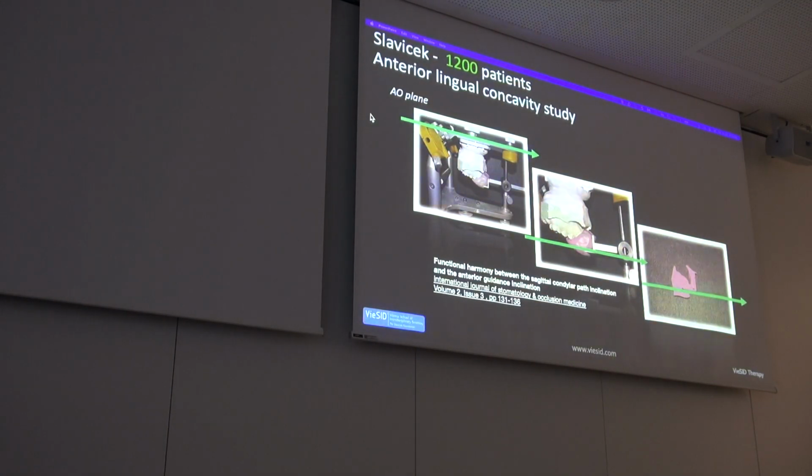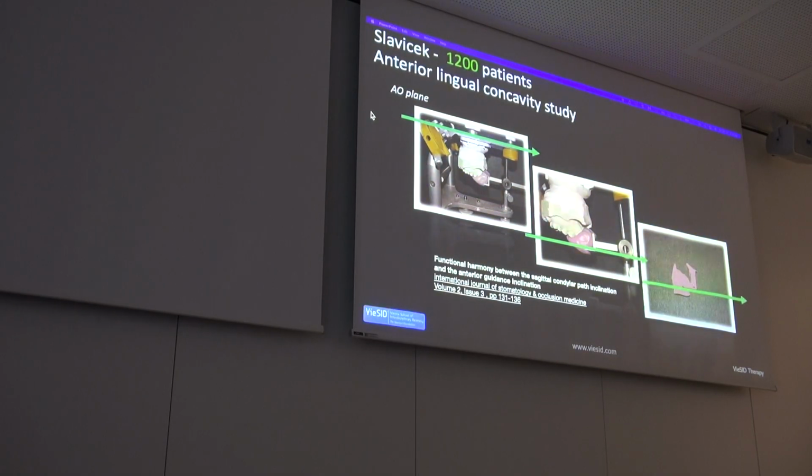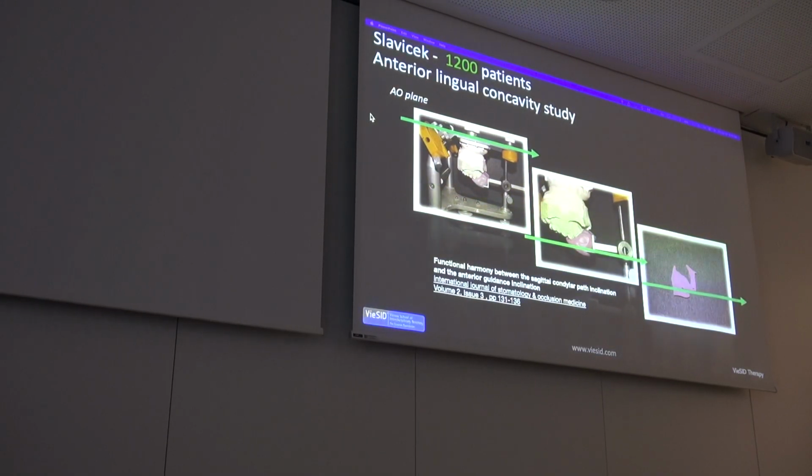So Professor Slavicsek, one of the beautiful things about being here was he had almost an unlimited number of patients where he did full records at the university, which is why he comes up with N values of like 1,200 people. So he did his anterior lingual concavity study, and basically, here's the publication. Again, we've all done this, we've all sectioned the teeth, and we've all looked at the actual inclinations here.